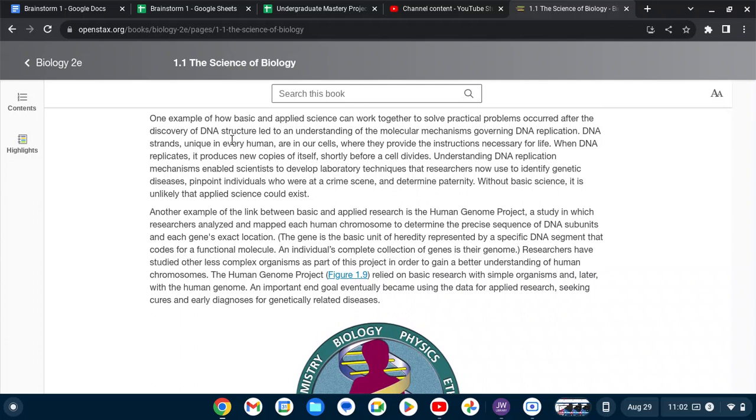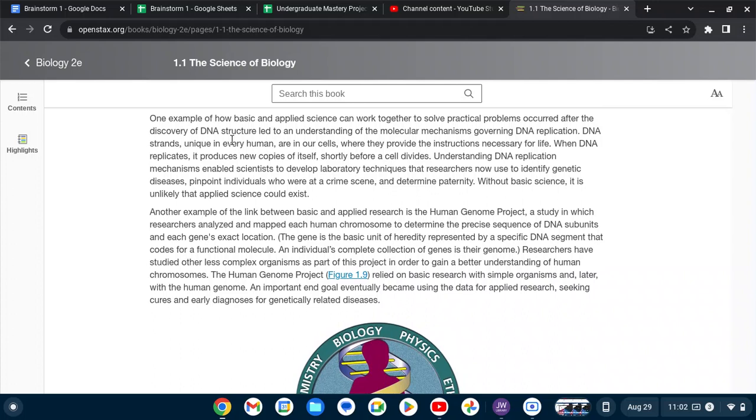When DNA replicates, it produces new copies of itself shortly before a cell divides. Understanding DNA replication mechanisms enabled scientists to develop laboratory techniques that researchers now use to identify genetic diseases, pinpoint individuals who were at a crime scene, and determine paternity. Without basic science, it is unlikely that applied science could exist.